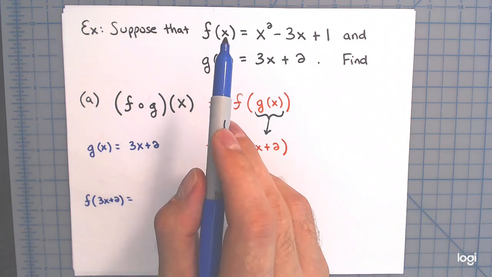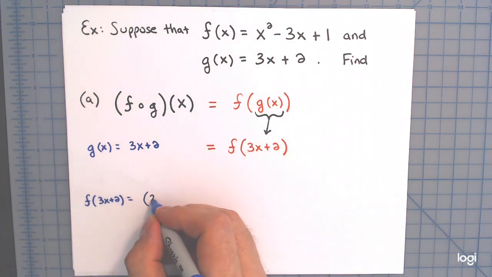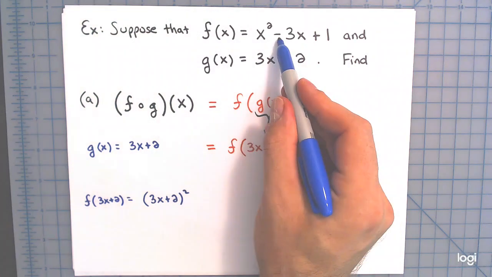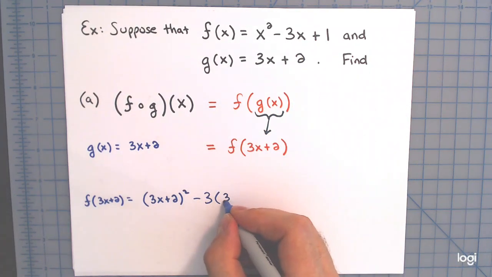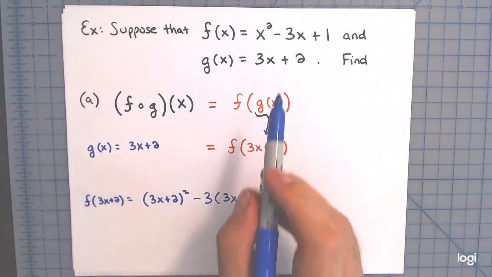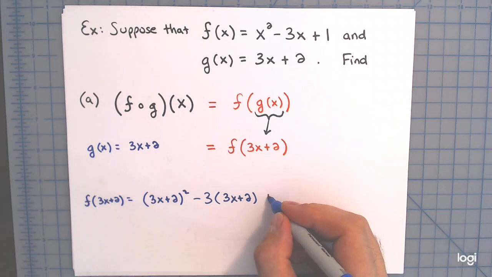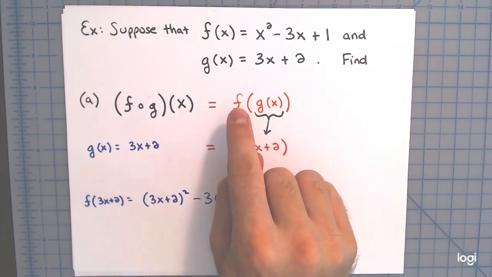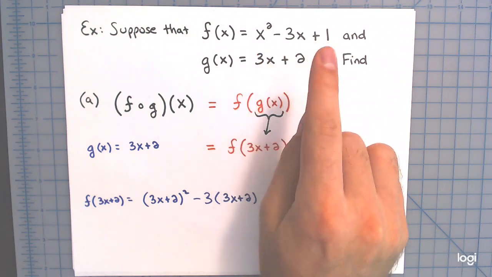So f of 3x plus 2 would be, not x squared, but the quantity 3x plus 2 squared. And then minus 3, times not x, but the quantity 3x plus 2. Just going through and replacing all the x's with g of x, with 3x plus 2, and then plus 1. So you see what I meant earlier about how this function composition is really substituting one function into another? See how I took g of x and just substituted it for x in the function f?